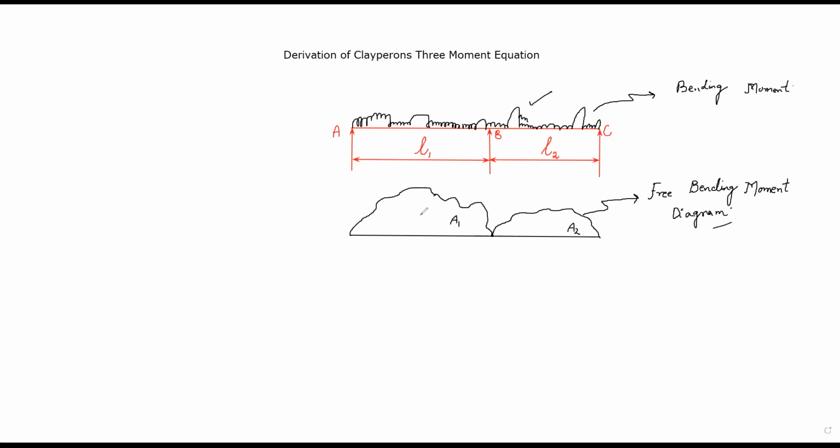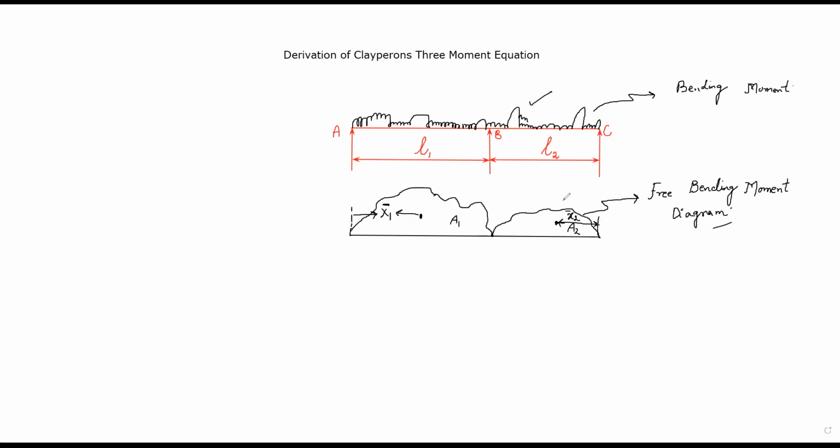Let's suppose that the centroid of this bending moment diagram is somewhere here, at a distance of x1 bar from here. And let's suppose the centroid of this area is somewhere here, at a distance of x2 bar. These are the two centroids.